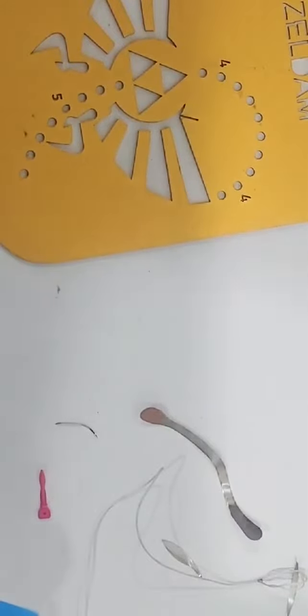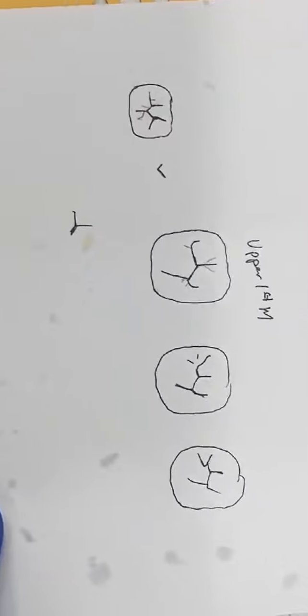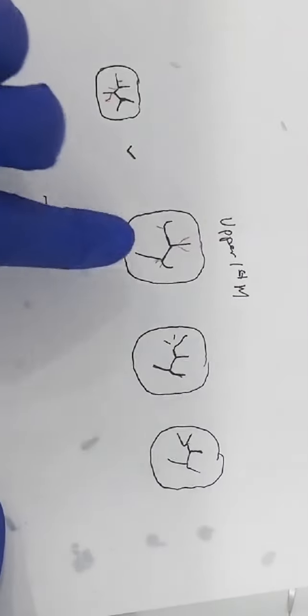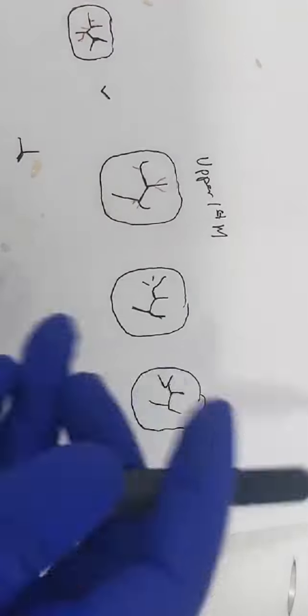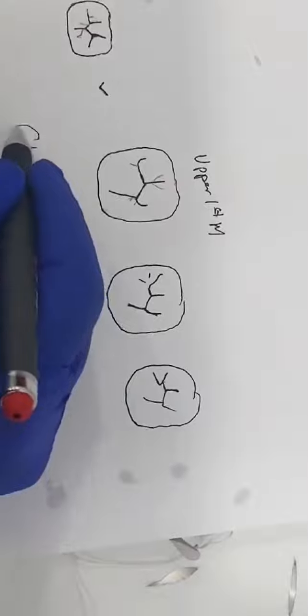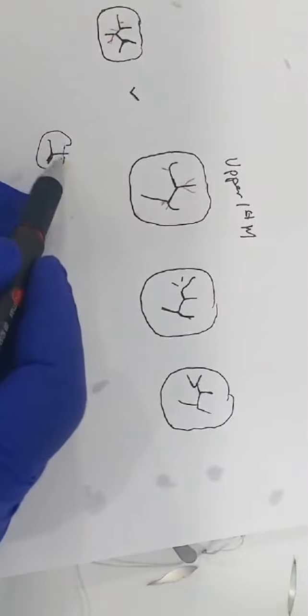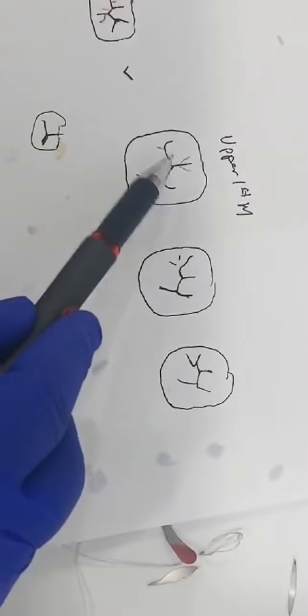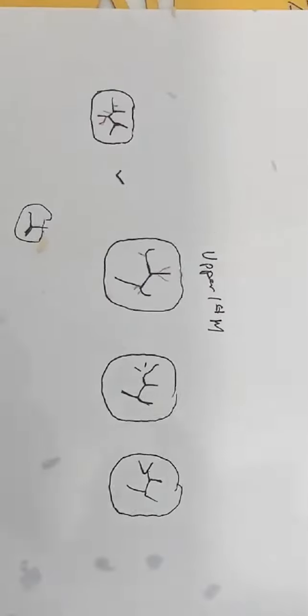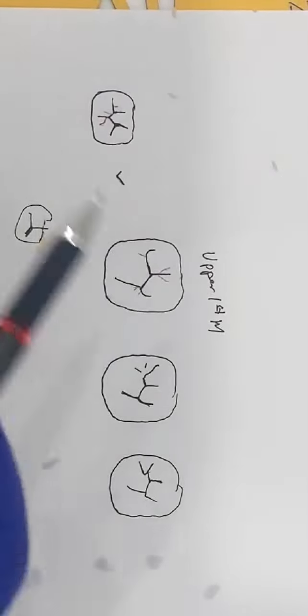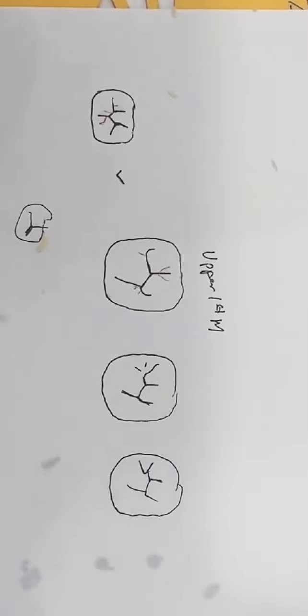So, for those that joined a bit late, we went through upper first molars to begin with. The main thing to keep note of is that center outline. There's a lot of variation with the mesial buccal, but keeping it simple is the easiest way.